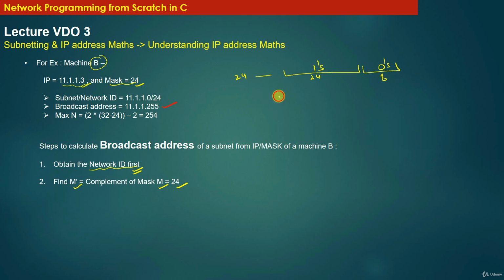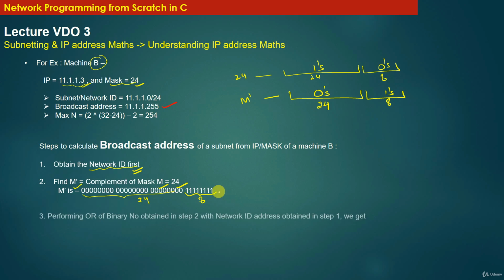So the complement of the mask value is nothing but do the opposite. That is, the first 24 bits are all zeros and the remaining 8 bits are all ones. So we call this M dash. You can see that the first 24 bits are all zeros and the remaining 8 bits are all ones.